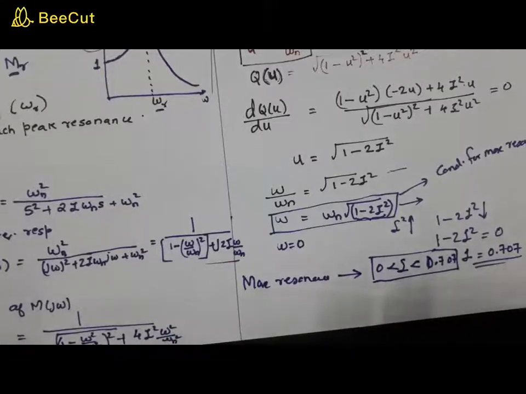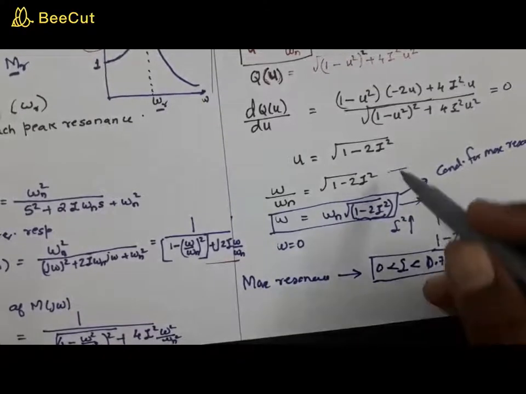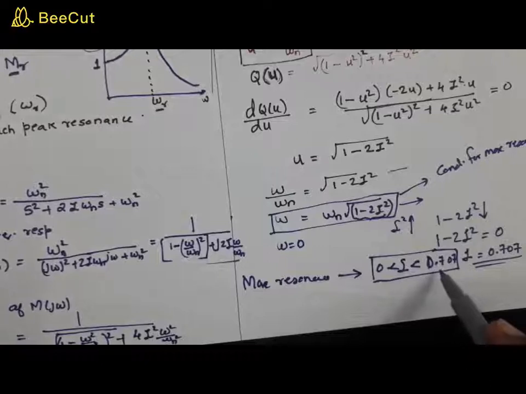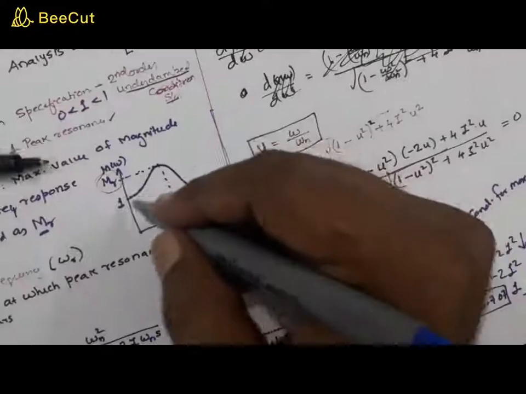Even though for an underdamped condition theta varies from 0 to 1, because of this problem theta gets restricted to 0.707. That is for this maximum resonance.